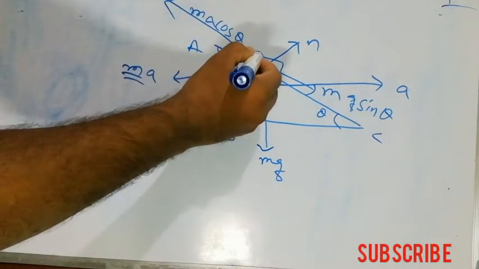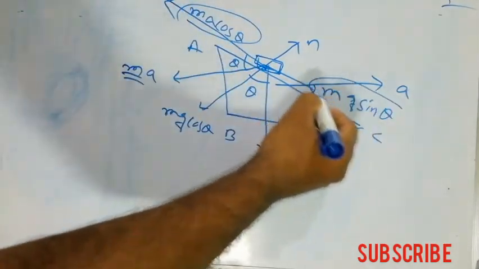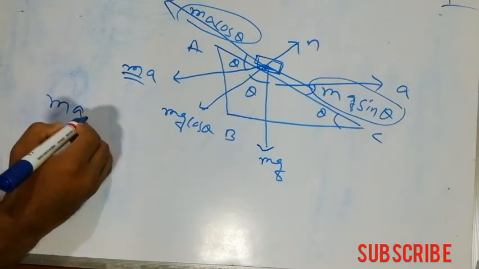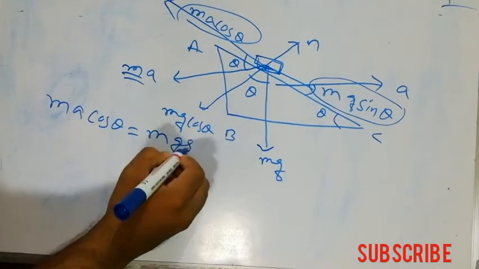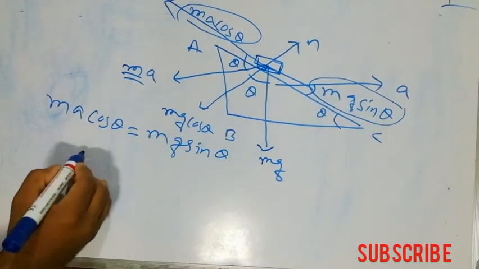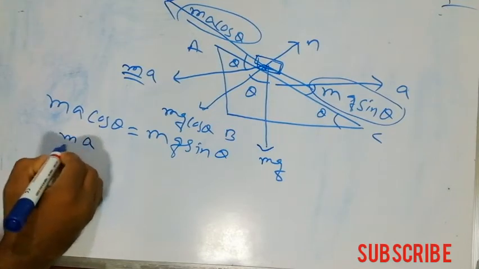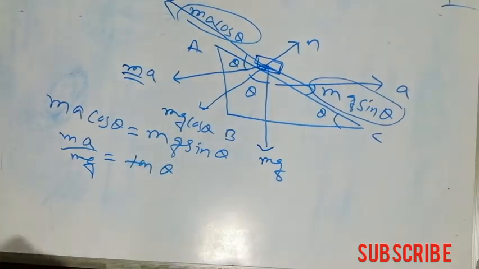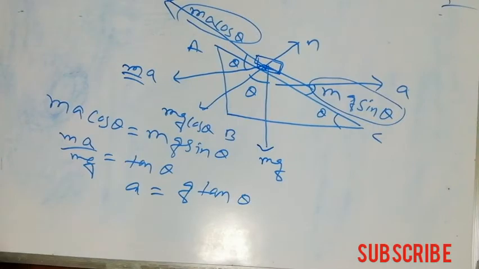To be balanced, ma cos theta must be equal to mg sin theta. So ma by mg is equal to tan theta, so a is equal to g tan theta. So option 2 is correct.